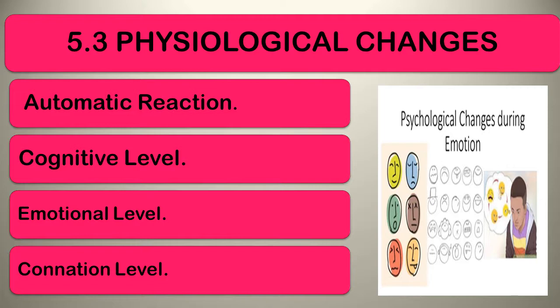Let's understand it. It can be understood by the three terms: cognition, emotion, and conation. Cognition is the perception and interpretation of the situation causing physiological change.